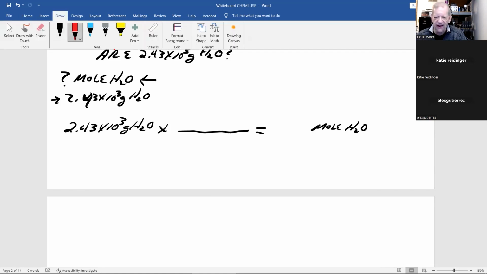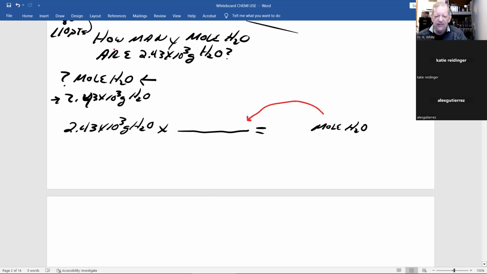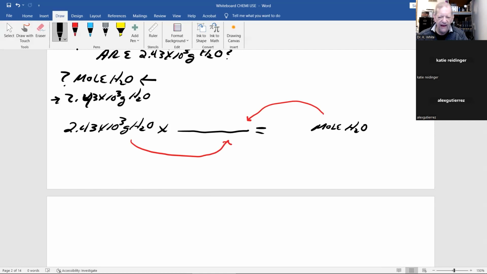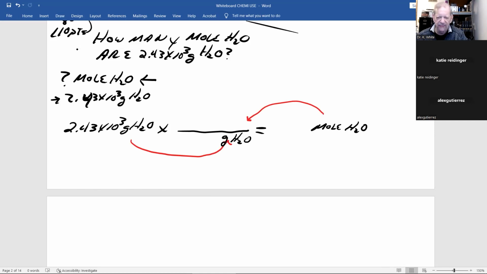So whatever we're trying to get to, the units go on top of that ratio. Whatever we're trying to get rid of, the units go underneath. And I'll write that now. Grams of water on the bottom, moles of water on top.